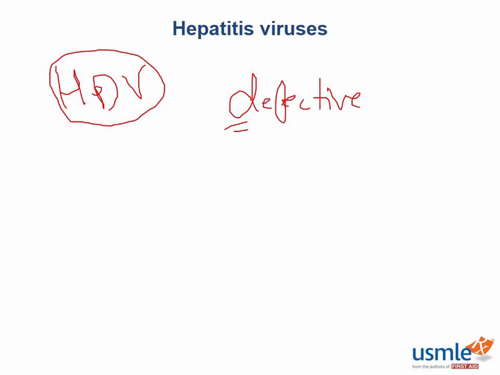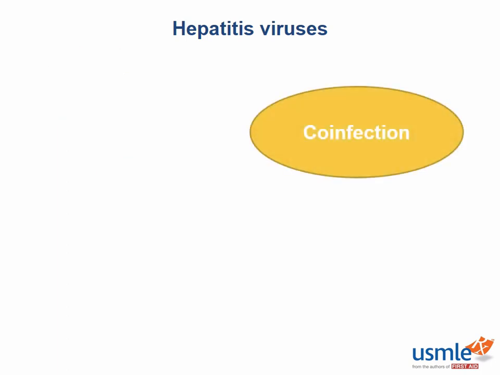It's defective. However, in the presence of a hepatitis B virus infection, so when you get both hepatitis D and B, we see a sort of super infection, a worse infection than when they're by themselves. So we see that hepatitis D needs hepatitis B to cause a clinically significant infection. When hepatitis D and B are transmitted simultaneously from one human to another, we call it co-infection.